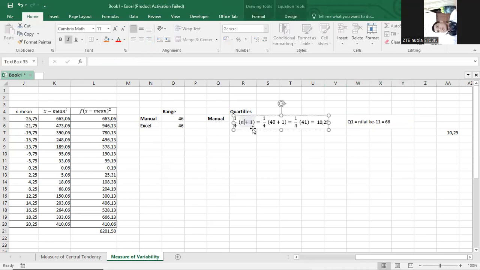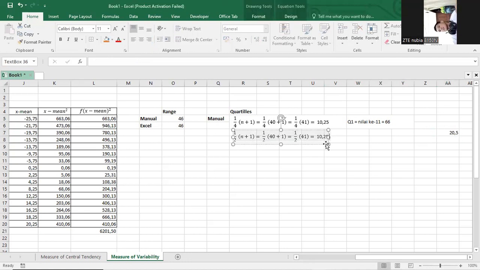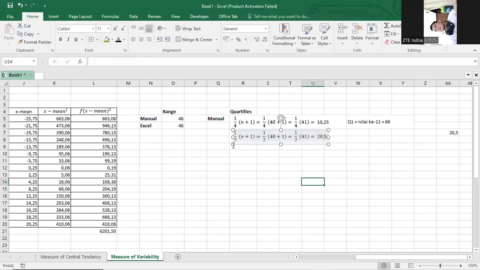And we move to the quartile 2. For quartile 2 it is the same, but the formula is 1/2. The value is 20.5.